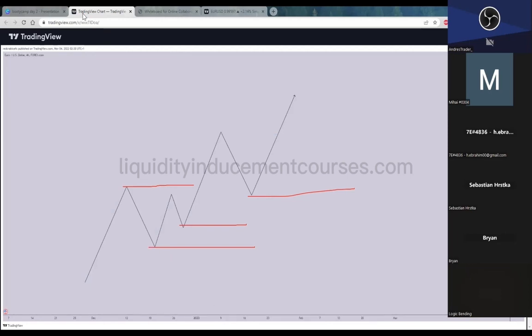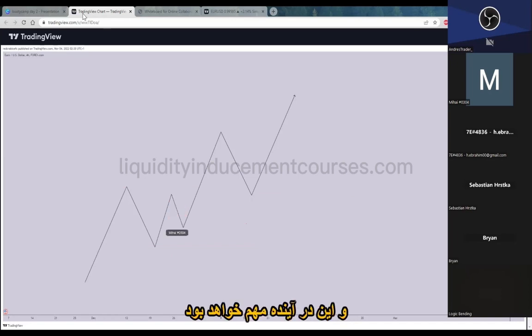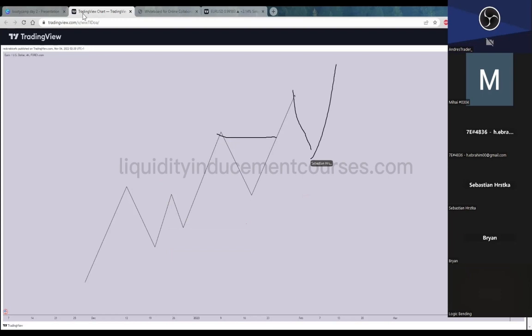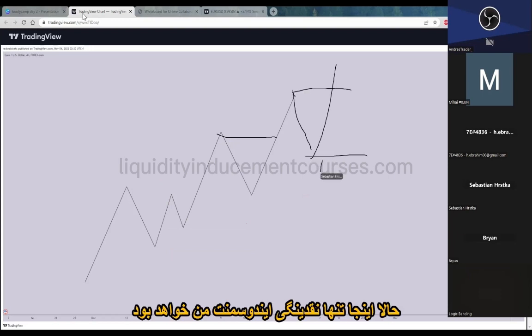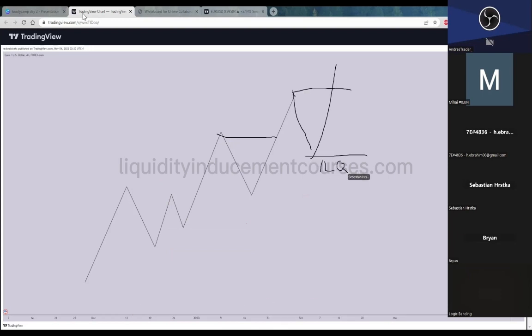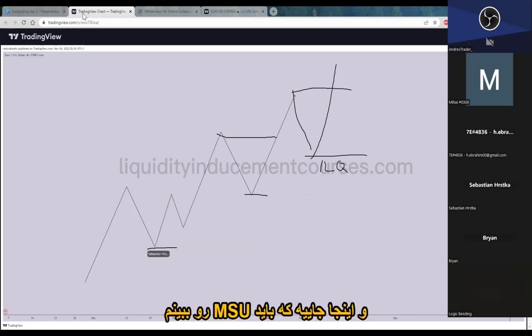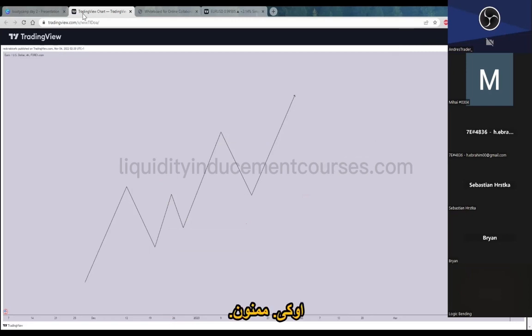You said it's structural liquidity. Yeah, and it's important for the future. And I forgot one more thing. After price prints another high, this is now my only inducement liquidity. This all is just external liquidity. But this is where I want to see the MSU playing out. Okay, makes sense. Thank you. So let's go.